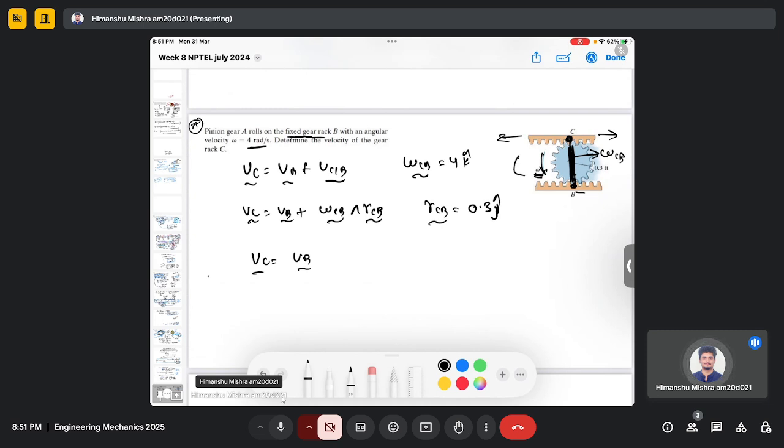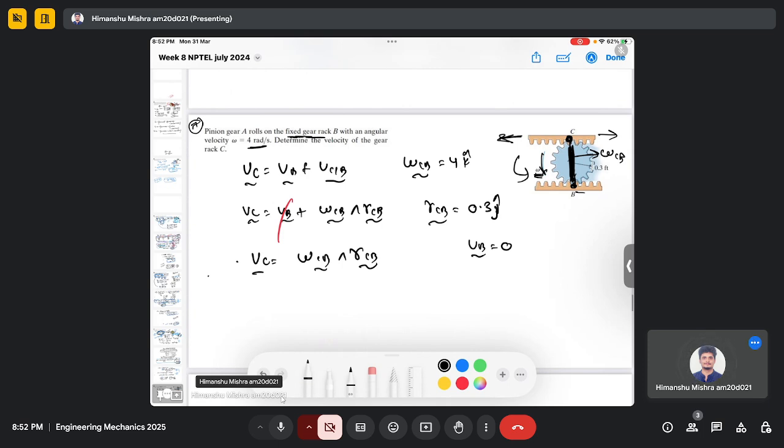So if this is moving in the counterclockwise direction, this C will move in the left direction, so this will be minus Vc, and Vb vector will be 0. So this will be omega CB cross product with RCB.